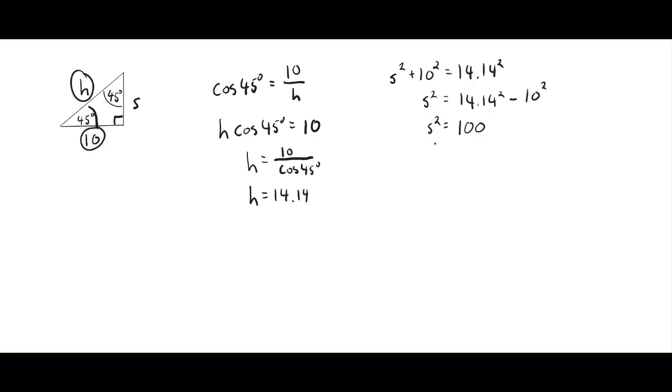And we see that from the Pythagorean theorem, this also works out to s equals square root of 100, or s equals 10. And there we go. We found our final side for this triangle as well.